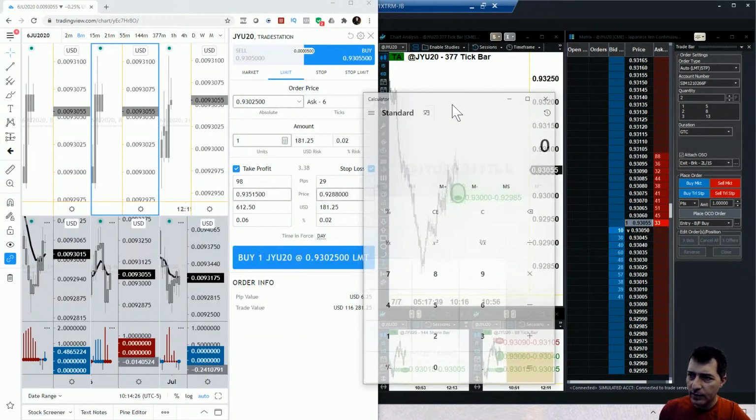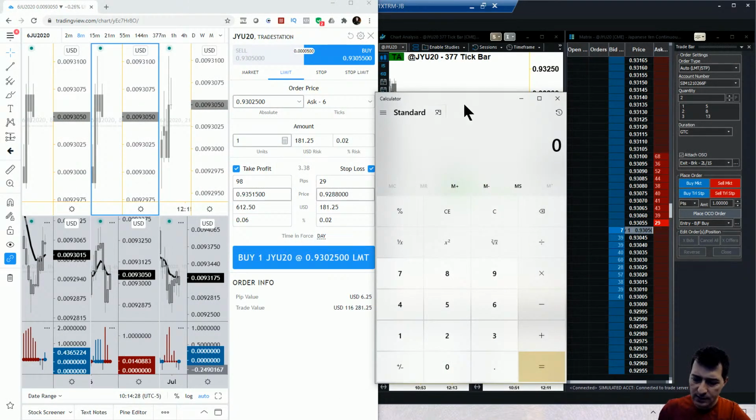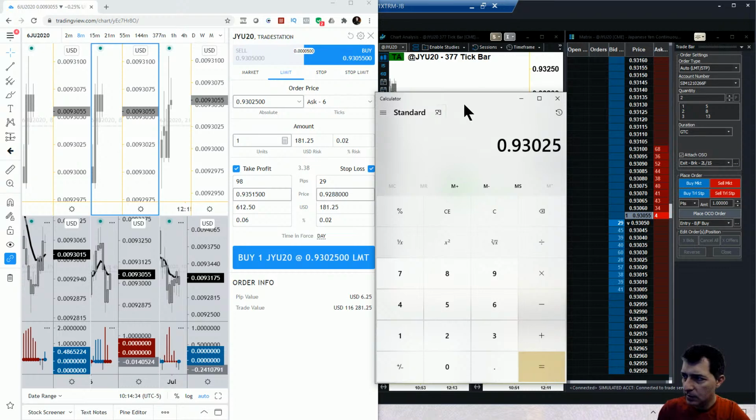So here's a calculator. My entry is 0.93025. And my stop is 0.9288. Okay, I'm using the wrong keyboard layout.